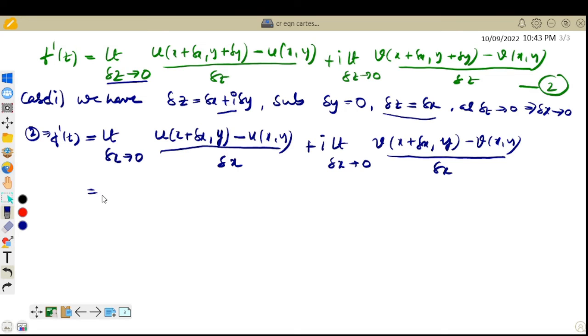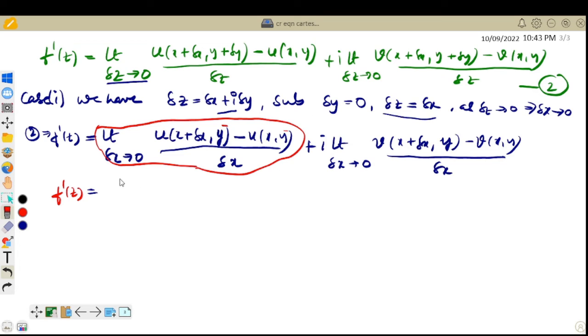Students, look carefully. Left side is f dash of z, and look at this total term. This total term is the definition of the partial derivative of u with respect to x. Look here, only x changes. X becomes x plus delta x, y remains as it is.